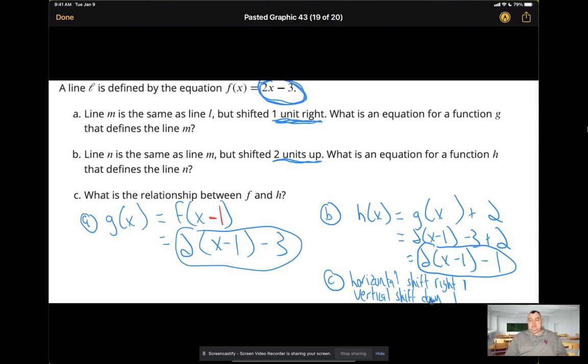So it's a horizontal shift right 1, and then a vertical shift down 1. That is the relationship between f and h right here. And that is it for lesson 11, and that is it for unit 5.